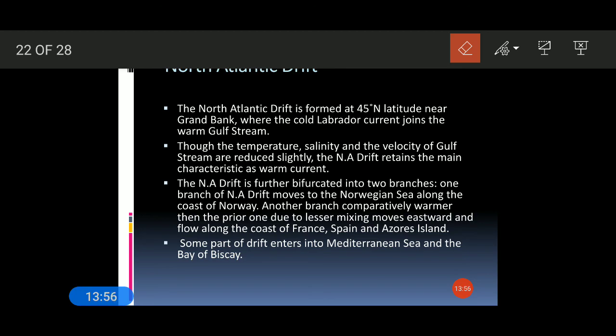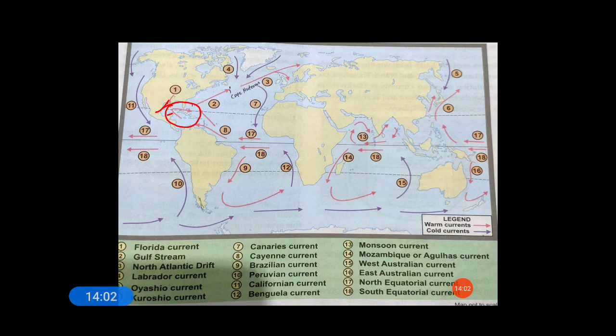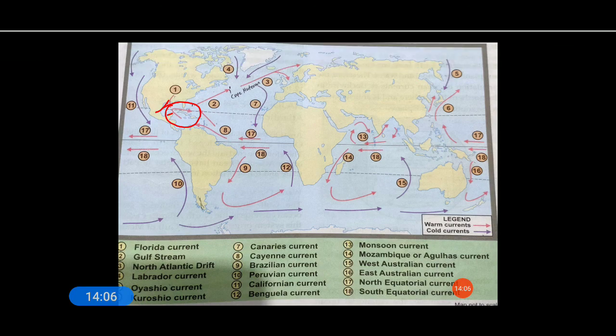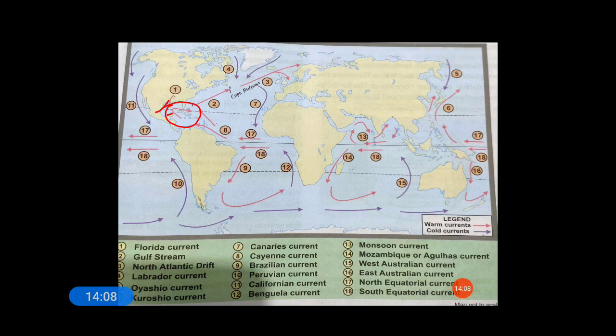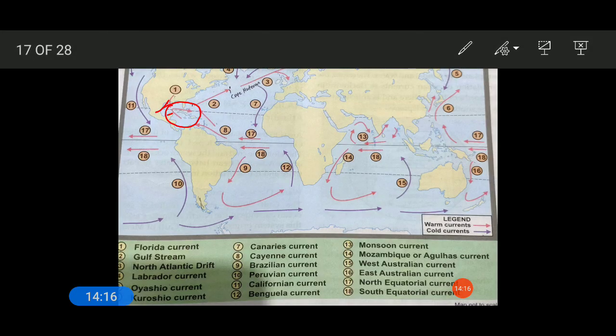Now look here, let me show you in the map first. This is the North Atlantic Drift current, which is bifurcated into two divisions.